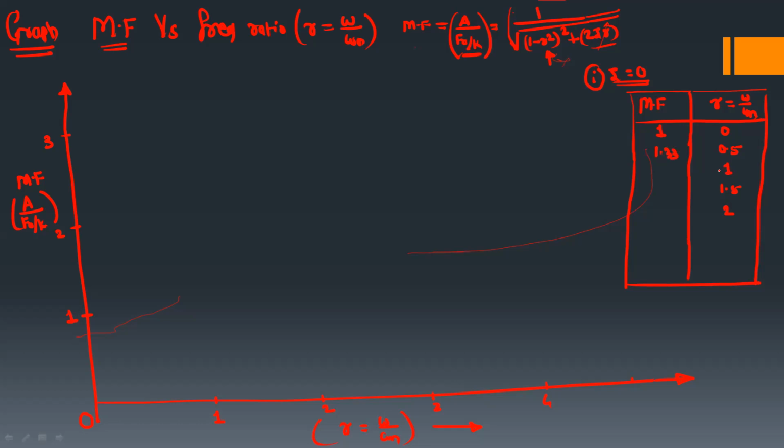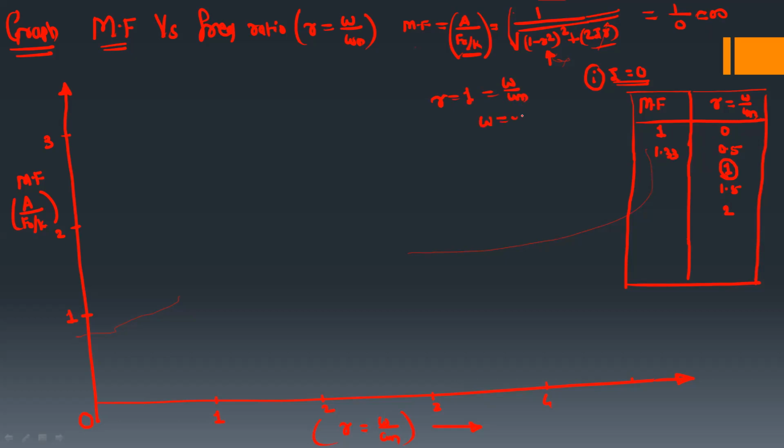At one value, you will observe the drastic change. So if you put the value 1 here, so 1 square, it is 1 minus 1, it will become 0. So you will get this function as 1 upon 0, and this is equal to infinity. Okay. So this one frequency, this is called as a resonant frequency. So when R is 1, so basically R is nothing but omega upon omega n.